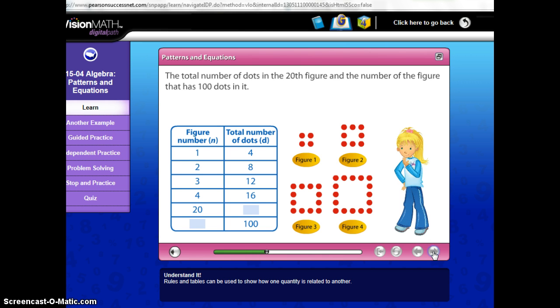Okay. So if we were writing an expression, we would say D, because that's this column right here, equals N times 4. To get this number over here, we would take this number times 4.